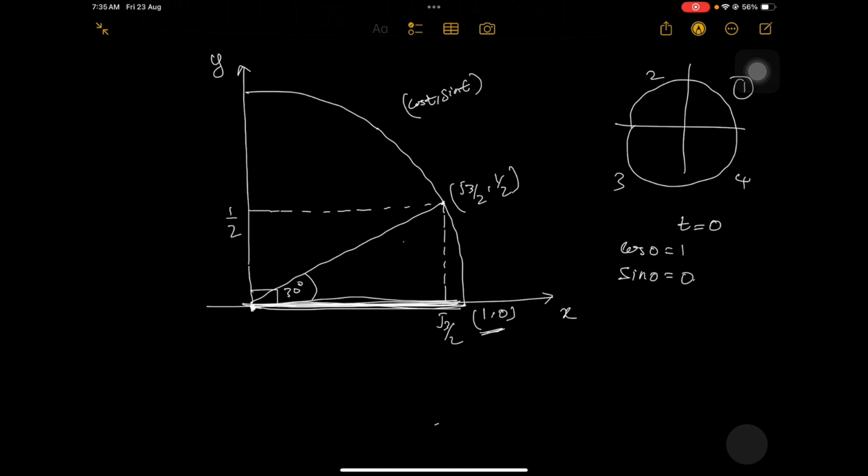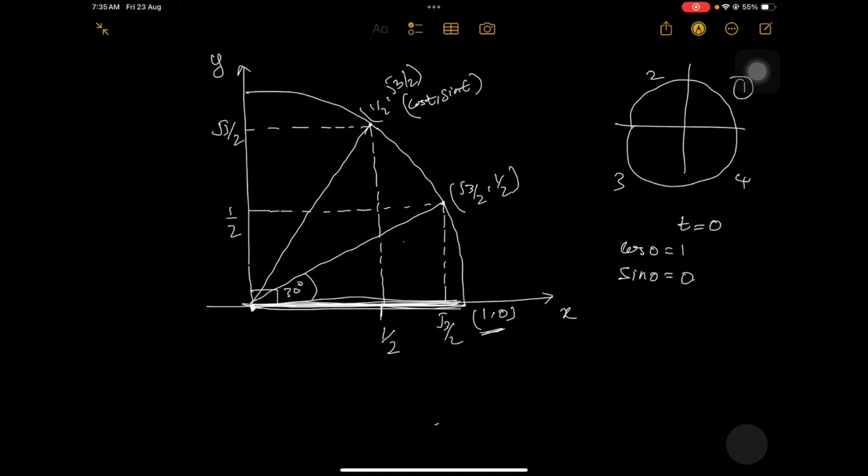Then 60 degree will be half comma root 3 by 2, the other way around. So this x value is half, and y value is going to be root 3 by 2.